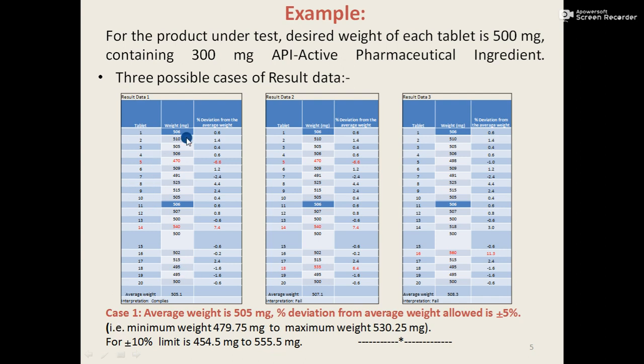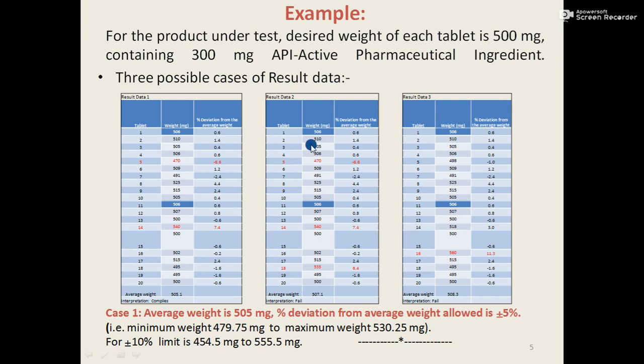If you observe the data, it indicates that out of the 20 tablets, there are 2 tablets which deviate from the specified percentage limit of plus or minus 5%, but none of the tablets deviates from the 10% limit. So we can say that the product, according to this result data, complies with the test.